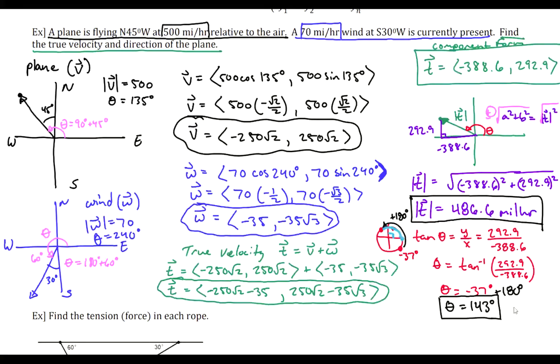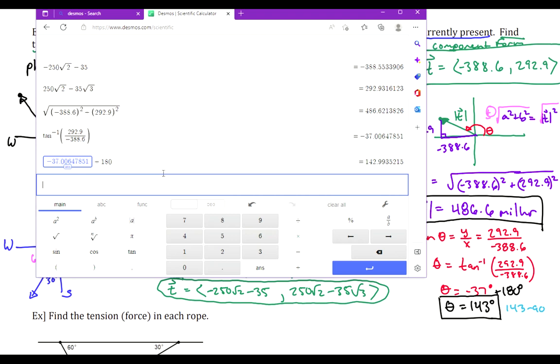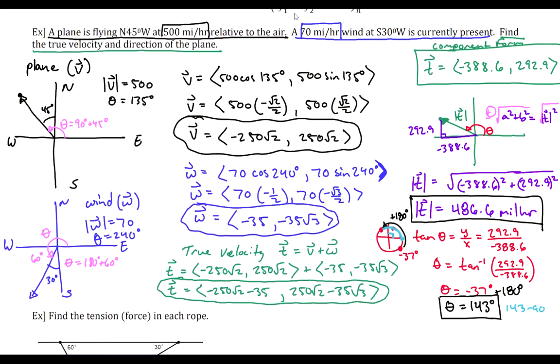Okay, so a little side work. The 143 minus 90 would make it to where we can get our angle in compass directions. So 143 minus 90 is 53 degrees. Okay, so that 53 degrees is the angle that we want for our compass direction.